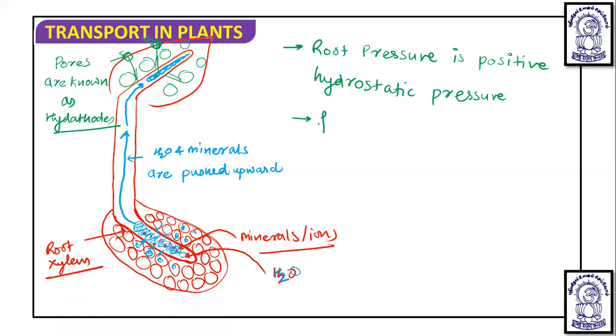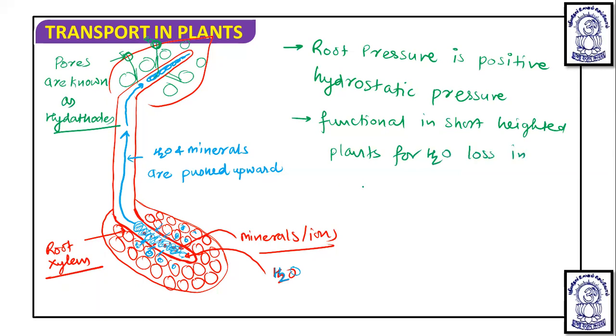It is functional in short-height plants, for water loss in the form of droplets. And that is responsible for guttation.